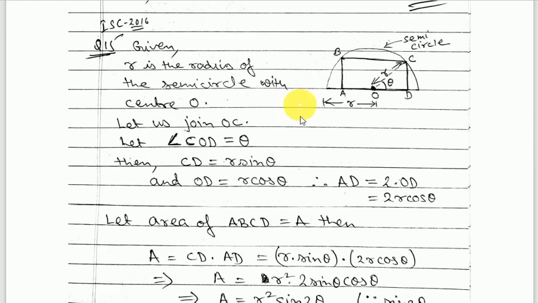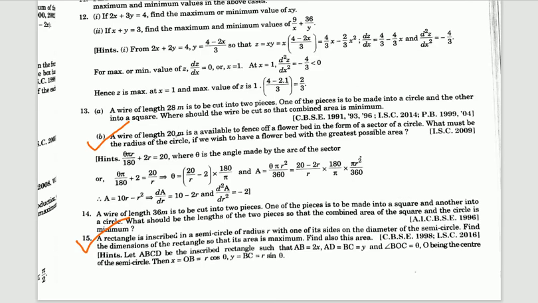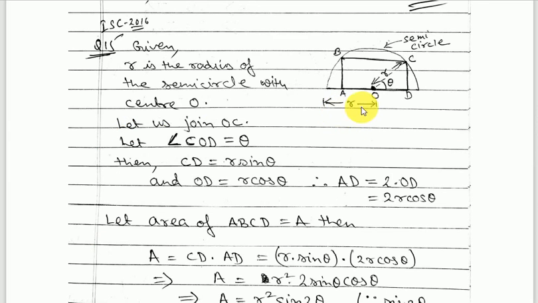So here this is the semicircle. Inside the semicircle we have got a rectangle, and one of its sides is on the diameter. So here AD is on its diameter. The question is already saying that the radius of the semicircle is r, so here I have taken radius r.